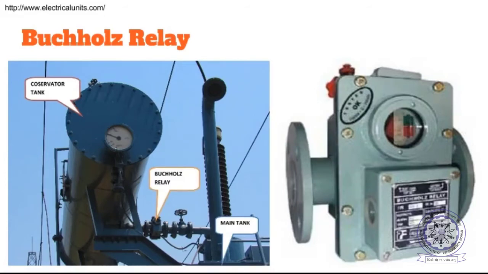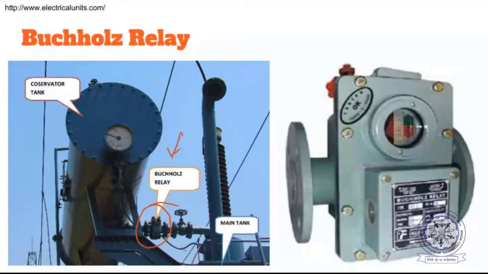You can see the conservator tank. In between the conservator tank and the main tank, the Buchholz relay is there. It has the purpose of giving an alarm or tripping whenever excessive heat is generated inside the oil or inside the transformer tank.